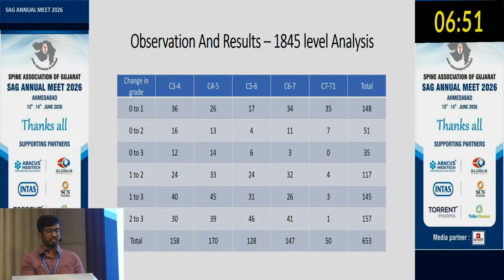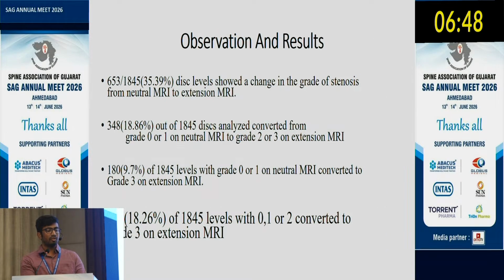So this is our results section. Of the 1,800 disc spaces, 653, approximately 35%, showed some change in grade of stenosis from the neutral MRI to the extension MRI. Approximately 18% converted from grade 0 or grade 1 in neutral MRI to grade 2 or grade 3 in extension MRI.